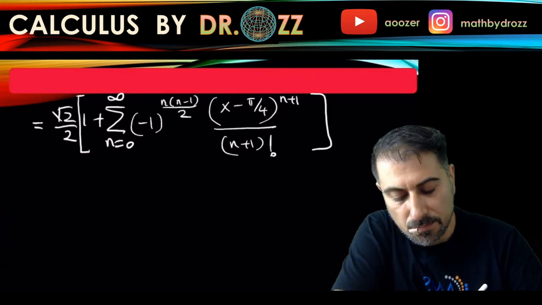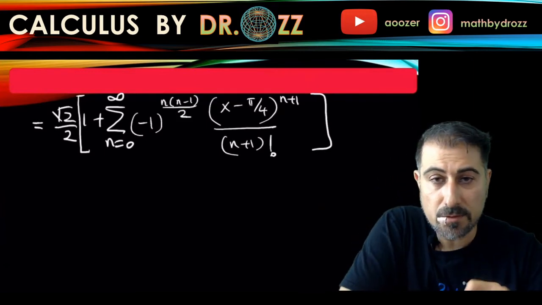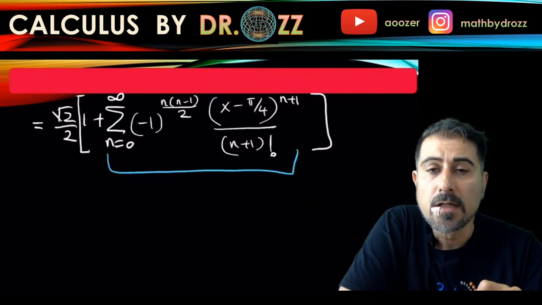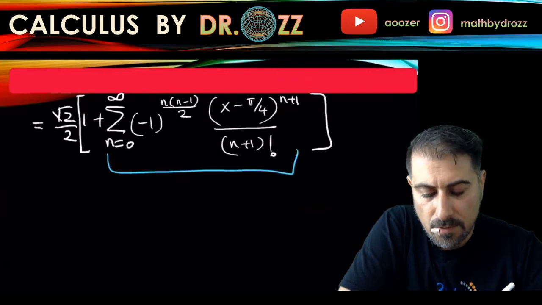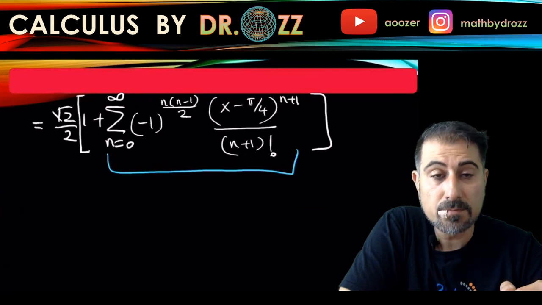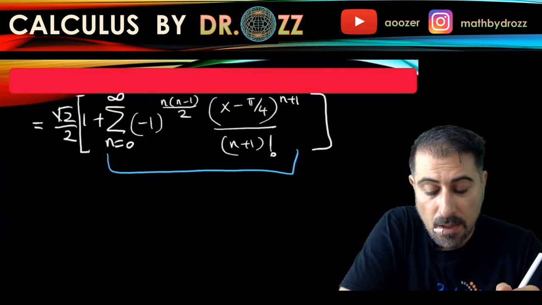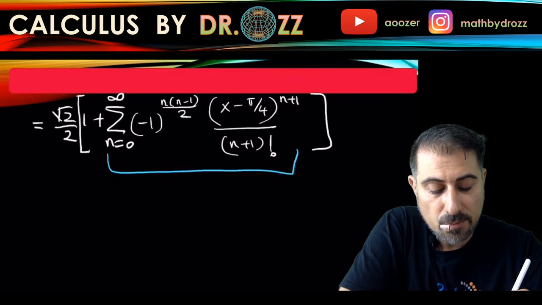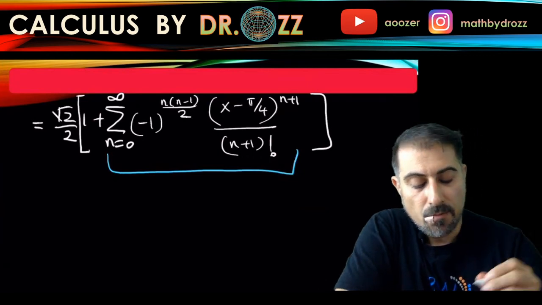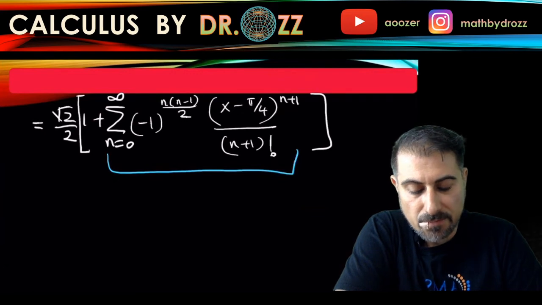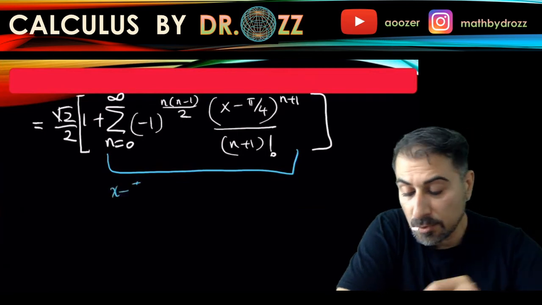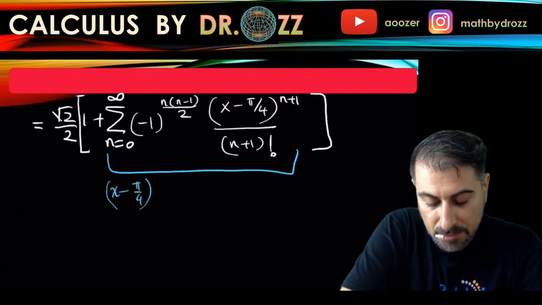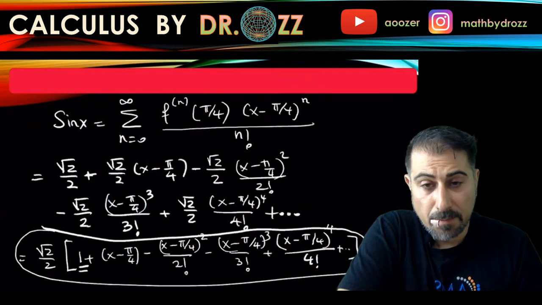Let's try to write this for n equals 0 just to see if what we write here is correct. For n equals 0, the exponent here, minus 1 to the power of (n minus 1) over 2, is going to be 0. That's the 0th power of negative 1, that's 1. And when n equals 0, (x minus pi over 4) to the power of 1 divided by 1 factorial is exactly what the first term is, x minus pi over 4 only. The next term in the sum should come with a minus sign.